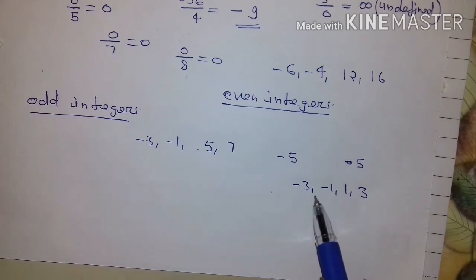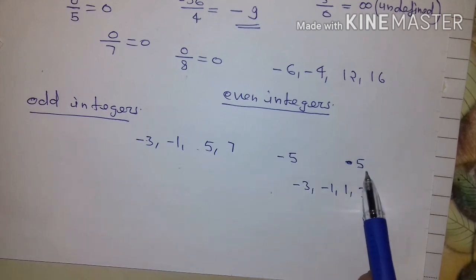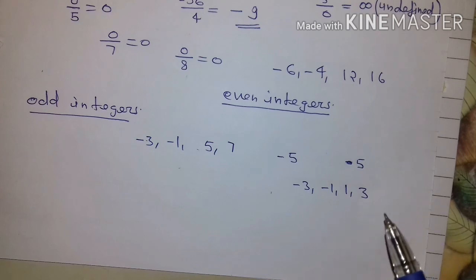These are odd integers between -5 and +5. In this manner we can write the integers between the given numbers. So we can put the positive and negative sign in the division.